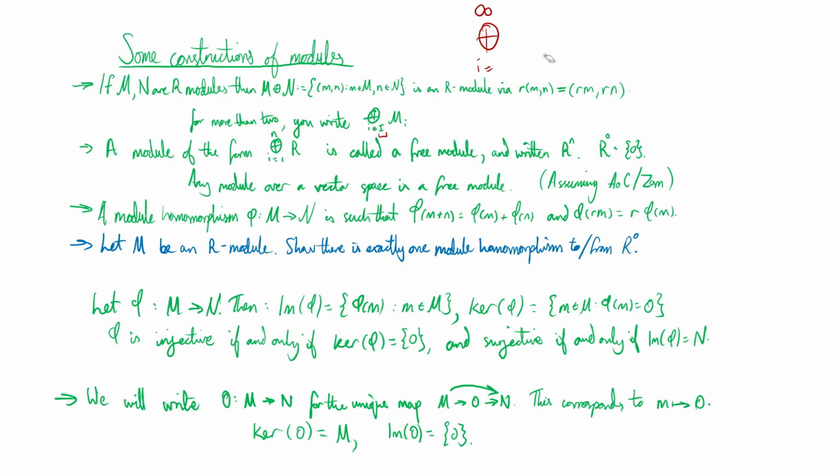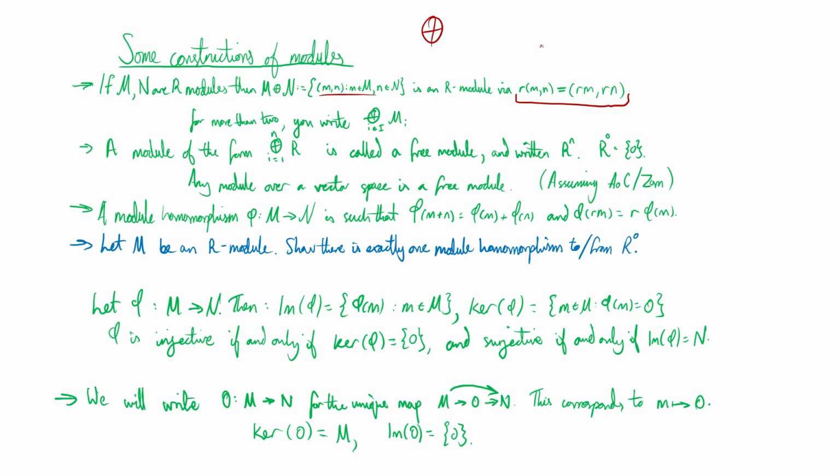Or i is minus infinity to infinity, then you're just writing i in Z. That's the only other special notational convention there. Technically, this is the direct sum as abelian groups, but these are just abelian groups.